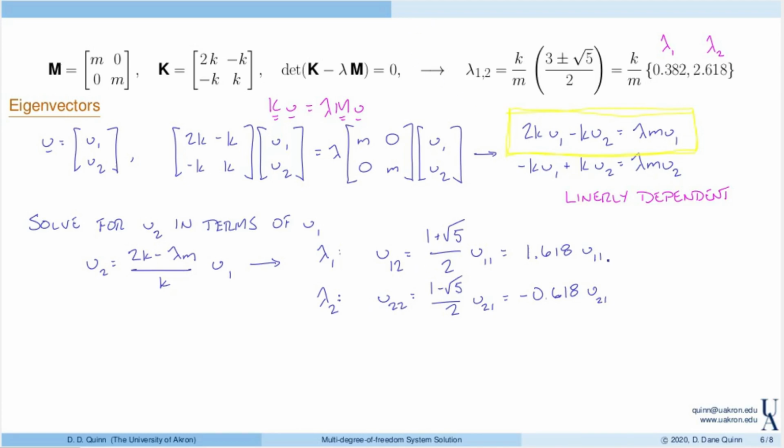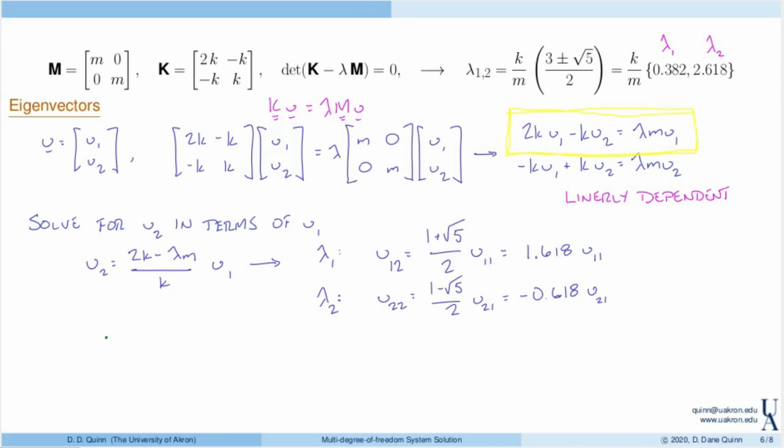Notice that I can't completely specify these. Because u11 is arbitrary, or u21 is arbitrary, these eigenvectors are not fully specified. It's only the direction that is determined.